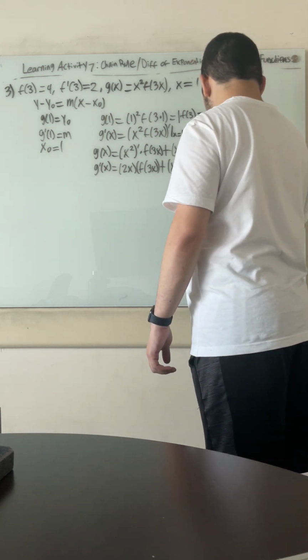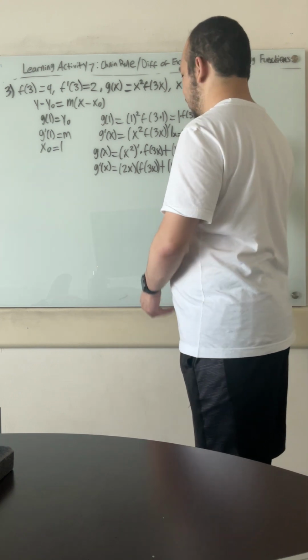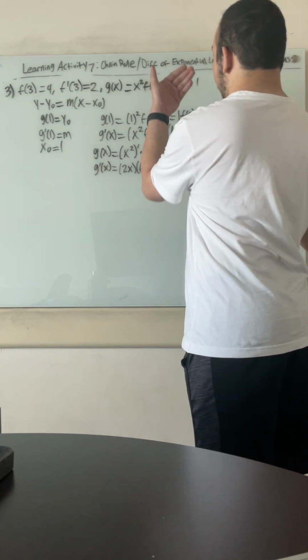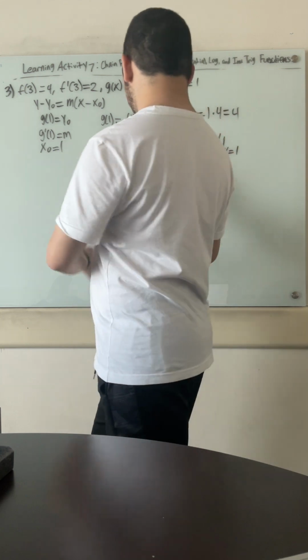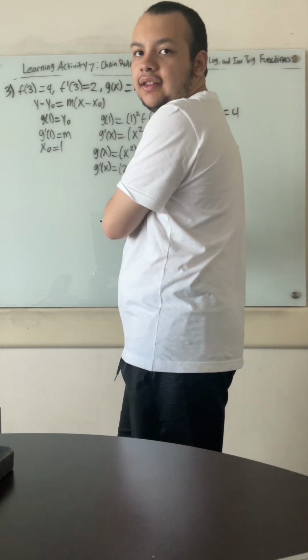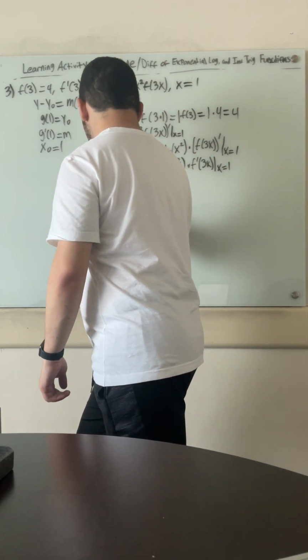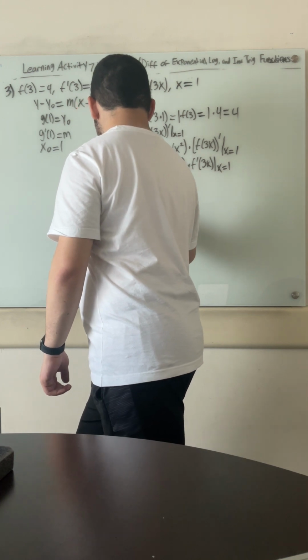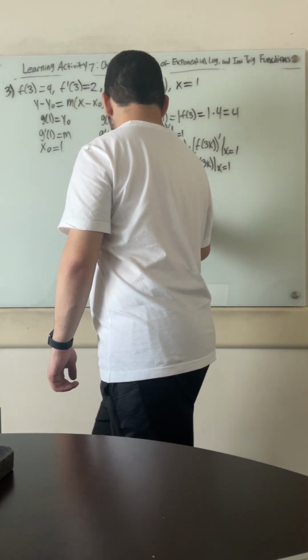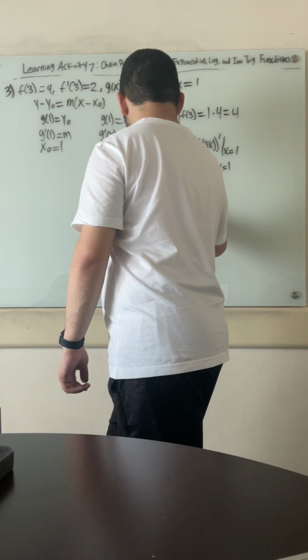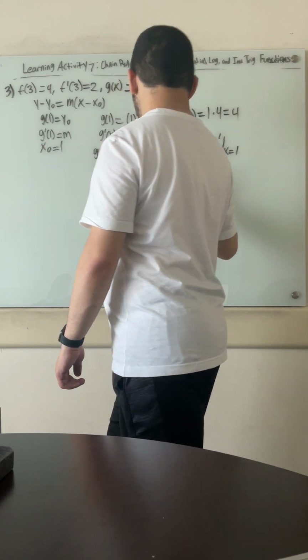So now we evaluate it at x equals 1. Now that we have the derivative of this function right here, we're gonna plug in 1 for wherever there's an x. So we have g prime of 1 is equal to 2 times 1 times f of 3.